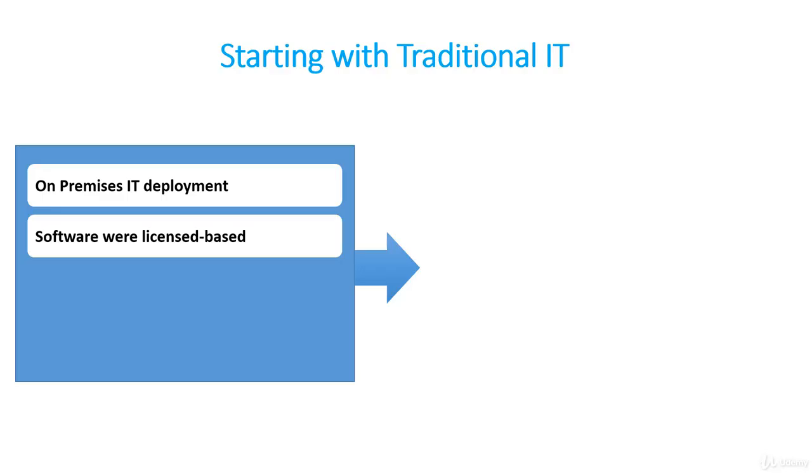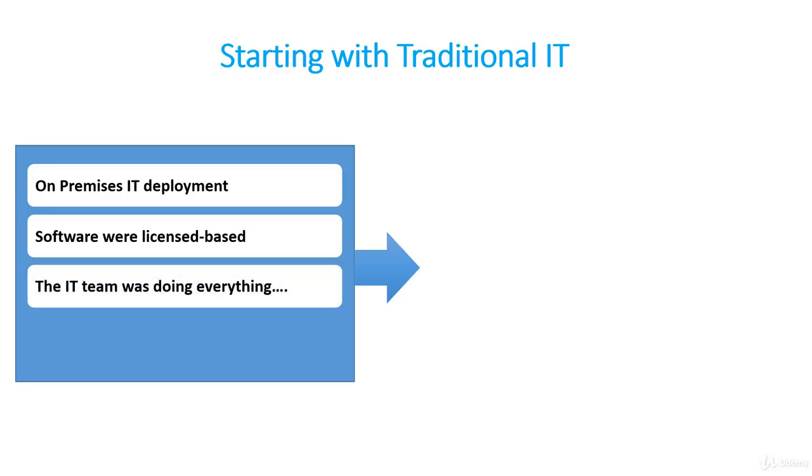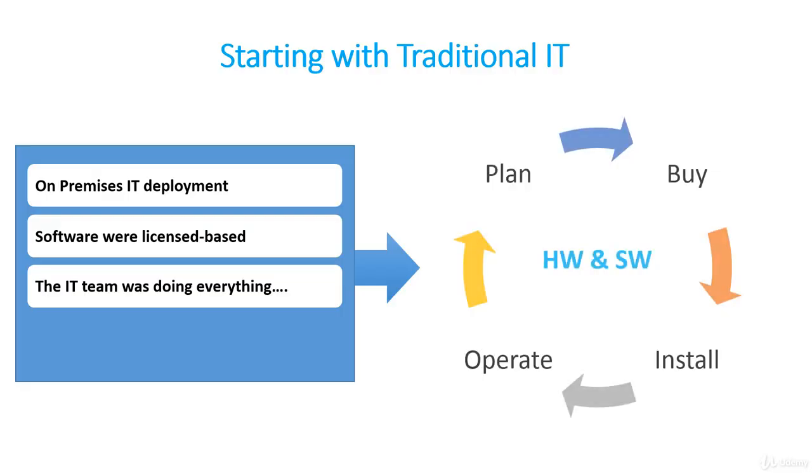The IT team was doing and controlling everything, planning what kind of hardware would be needed in the upcoming years, and then started a long purchase process to buy this very costly hardware setup, install it in the data center, and of course configure and operate those resources for the benefit of all end users in the organization.